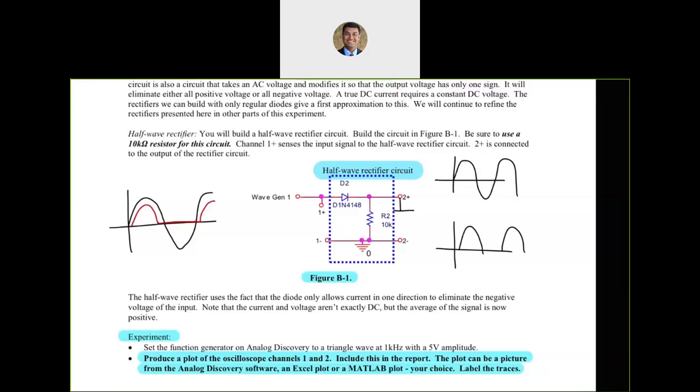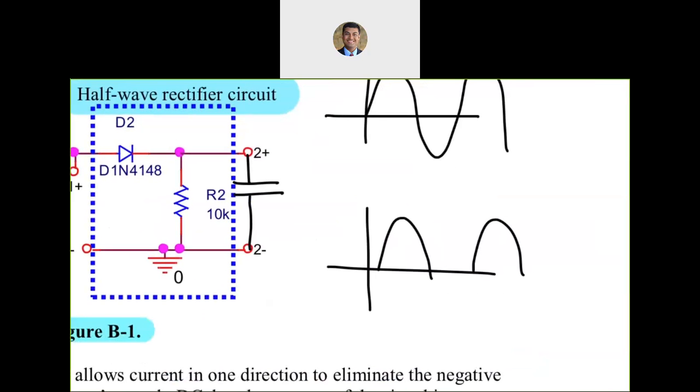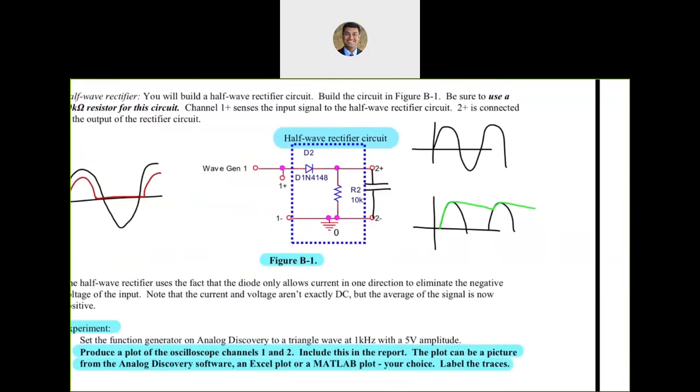So if I connect a smoothing capacitor in parallel to R2, I'm essentially going to be charging the capacitor up until this point, and then I'm going to discharge slowly, charge it back up again, discharge slowly, and so on. So what that gives me is a wave that looks like this.